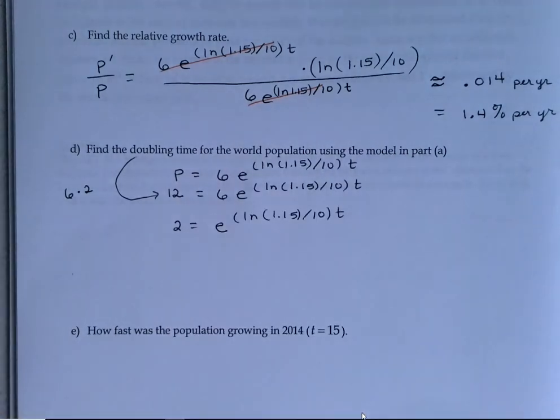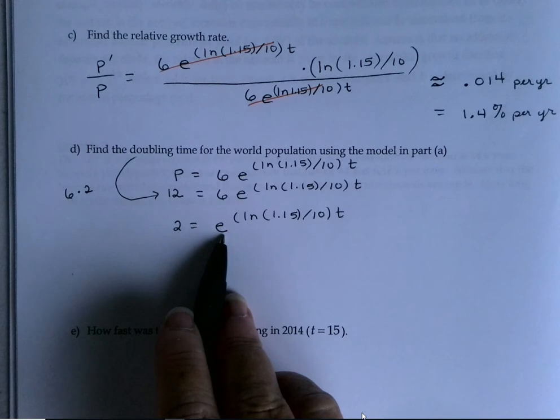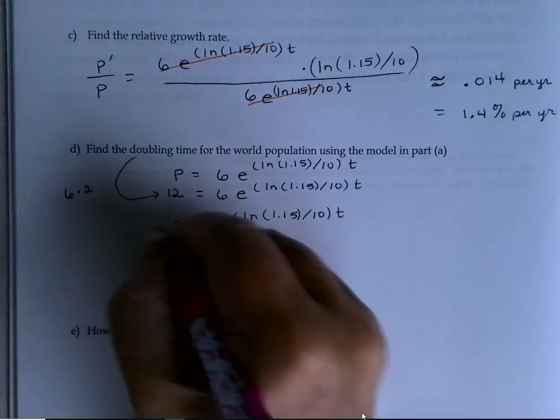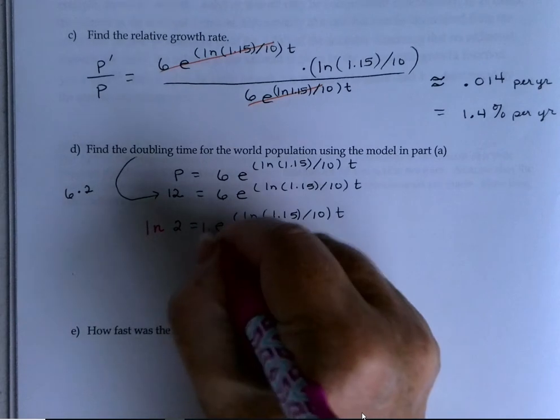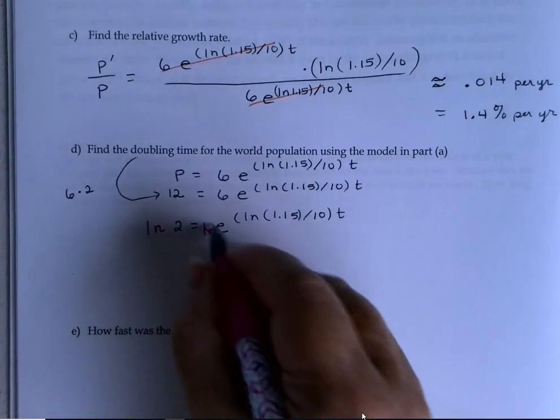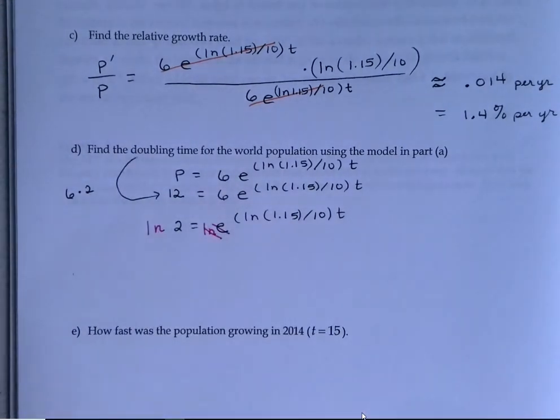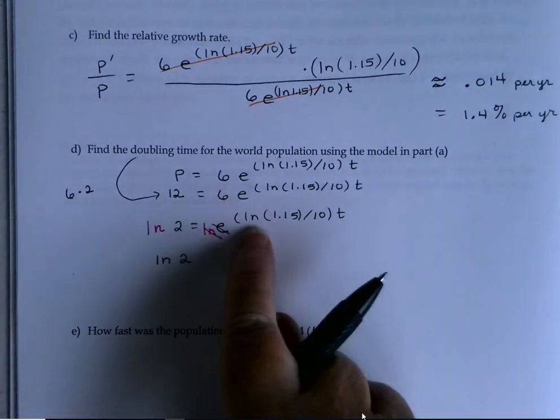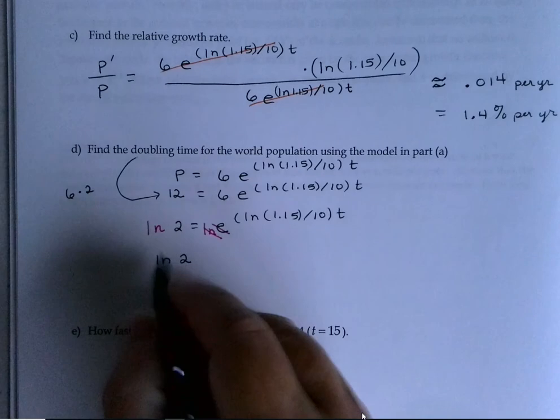And in order to solve for the t, I'd like to get rid of that e. So actually, I'm just going to sneak it in so I don't have to keep writing this so many times. Let's do a natural log on both sides. Gets rid of the e over here. And so if I have the natural log of 2, I'll divide it by that value to get t.